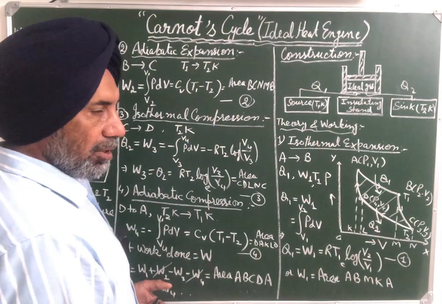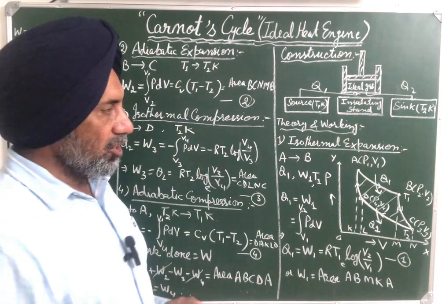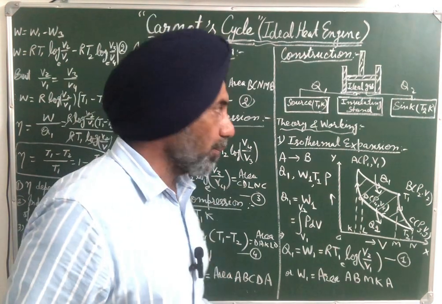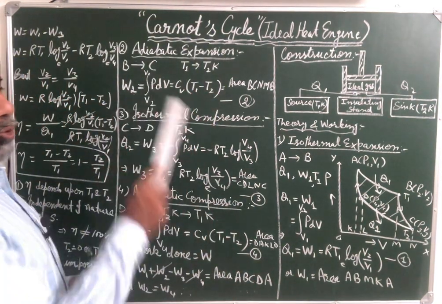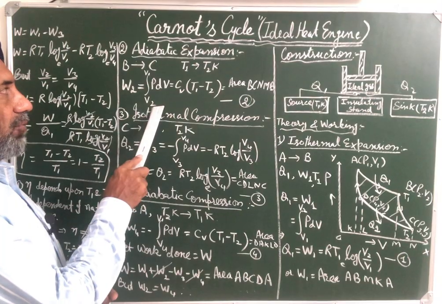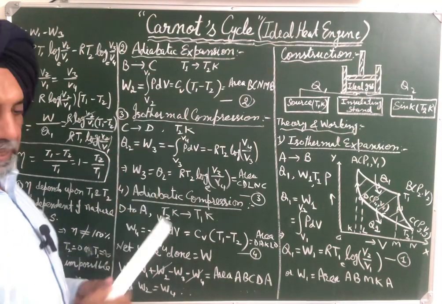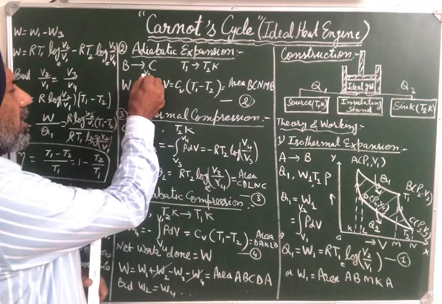And therefore, work done during this process is given by W2 equal to integral P dV from V2 to V3.